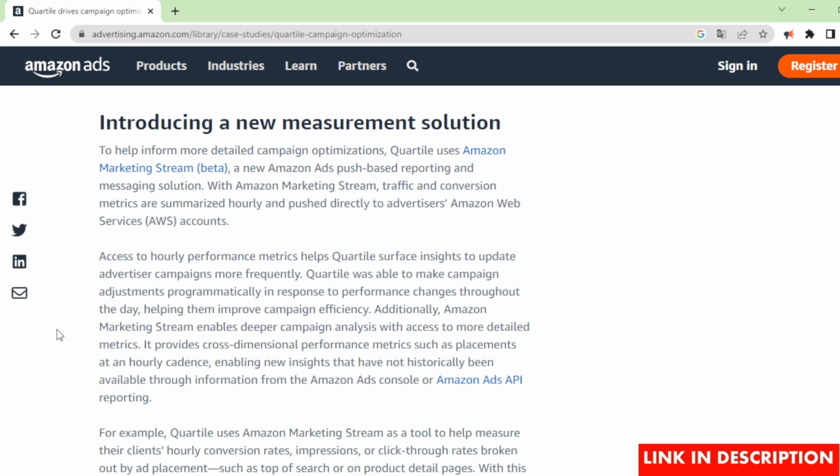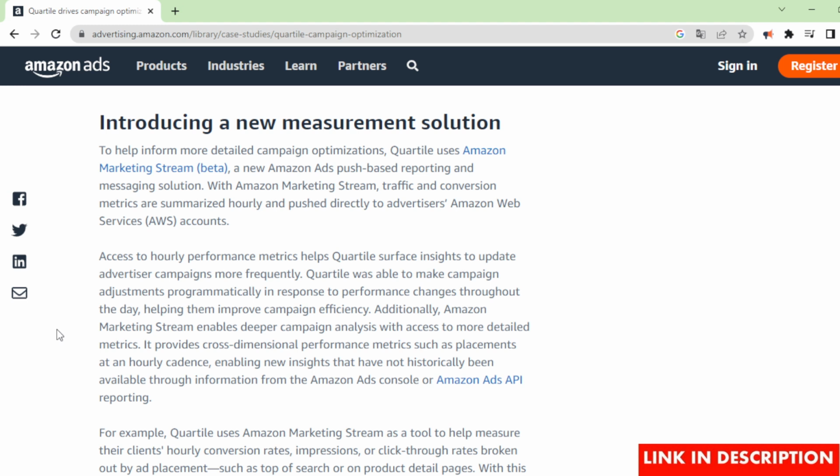Introducing a new measurement solution. To help inform more detailed campaign optimizations, Quartile uses Amazon Marketing Stream Beta, a new Amazon Ads push-based reporting and messaging solution. With Amazon Marketing Stream, traffic and conversion metrics are summarized hourly and pushed directly to advertisers' Amazon Web Services (AWS) accounts.